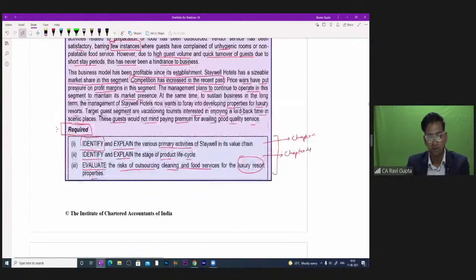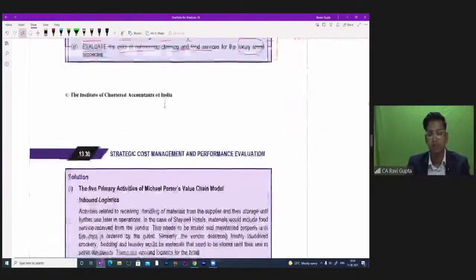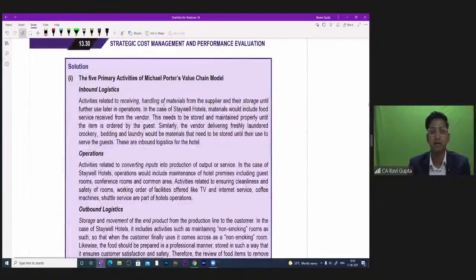So we will be covering it in a very quick manner. The first part we are going to cover in a quick, fast manner, because we have already done it. And remember here that we don't have any kind of manufacturing. This is a service industry. So be very careful when you are identifying and explaining the various primary activities, right?